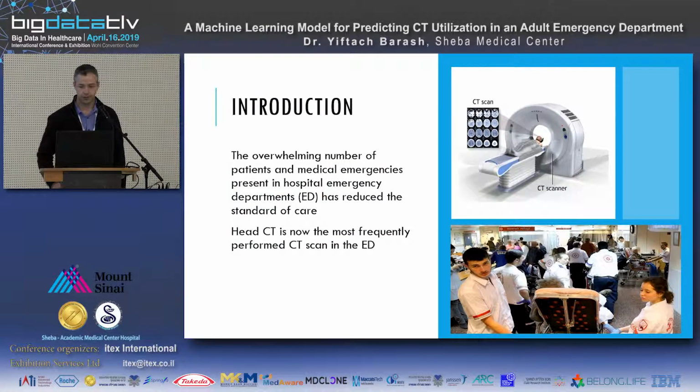I would like to begin by describing the motivation for this research. We all know how much emergency departments are crowded and are, in many cases, the bottleneck in the treatment pipeline. You know that there are numerous attempts to improve and make the process more efficient.